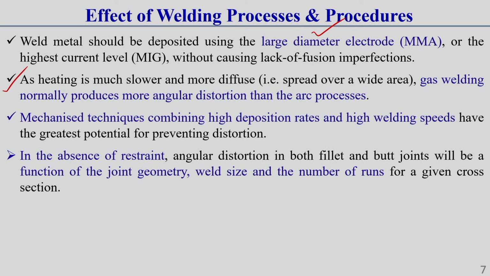Another point here I have written: heating is much slower and more diffuse in the case of flame types of welding, especially oxyacetylene, or you can say fuel gas welding process, where generally we use a torch. Once we use this torch, it generally spreads the heat over a wider zone, so the wider zone of material expands and contracts.